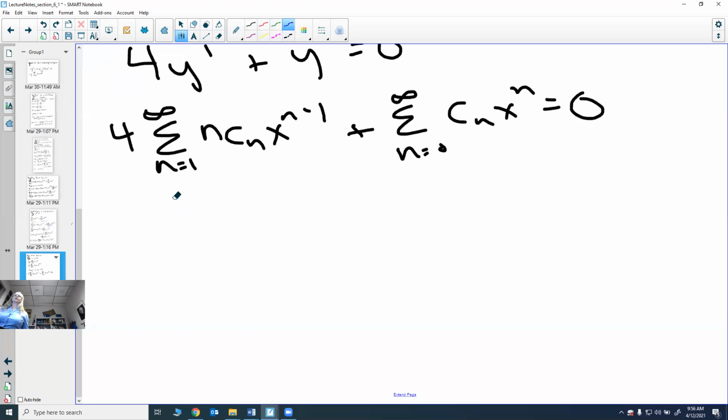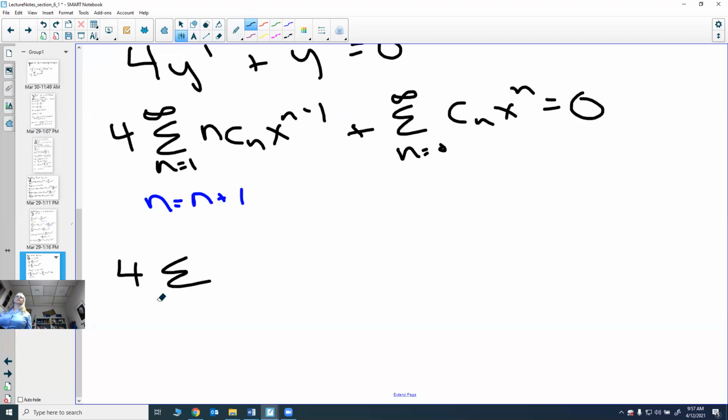So what am I going to let n equal? Again, you want this n minus 1 to become an n, so that must mean you let n equal n plus 1. Then you have n plus 1 minus 1, which is just n. So in this one, everywhere I see an n, I replace it with n plus 1.